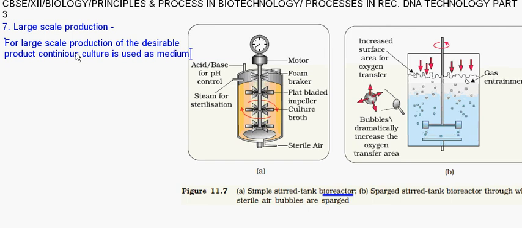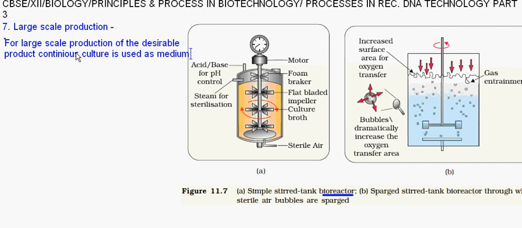Now why is continuous culture preferred? What is continuous culture? It is a type of culture in which fresh medium is continuously added, and the waste product as well as the end product is extracted.